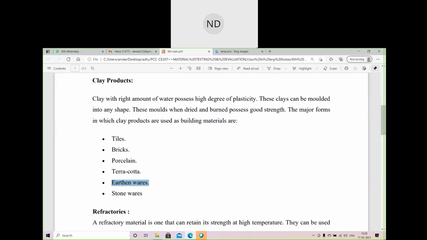This can be used for absorbing water. This can also be made impervious to liquids by using some different kind of materials, giving them a coating, using, suppose, ceramic glazes.